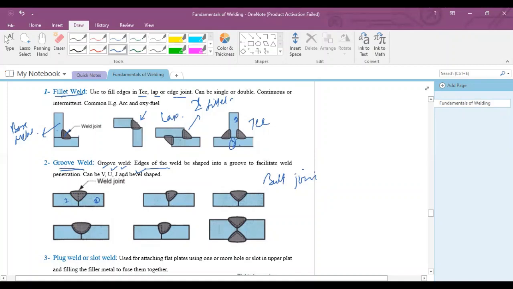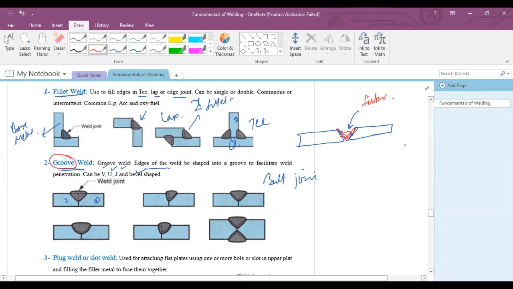And this V, U, and J means, if you have two plates like this, one plate is like this and the other plate is like this, and this is V type. You can melt this surface and this surface, melt both surfaces and fuse them together and add filler material, then the weld will be called groove weld.